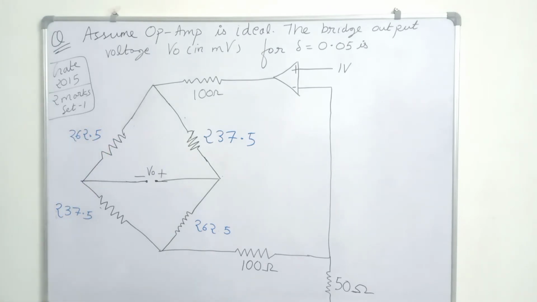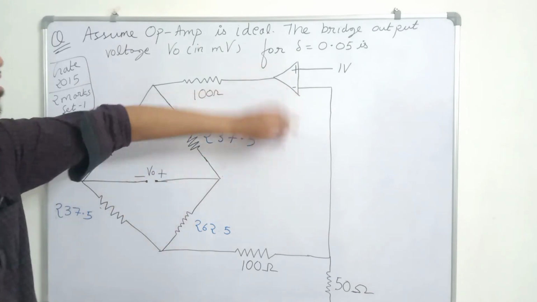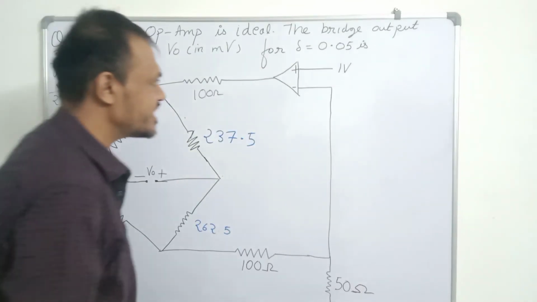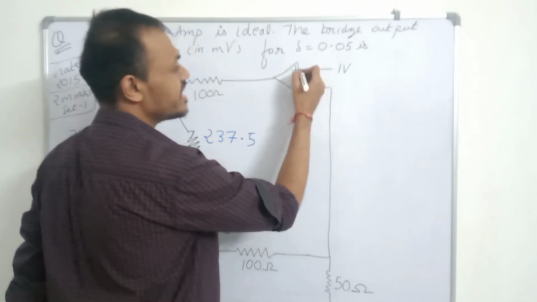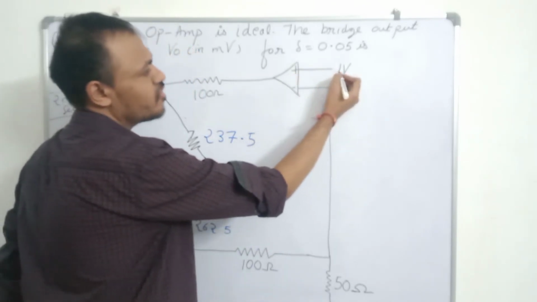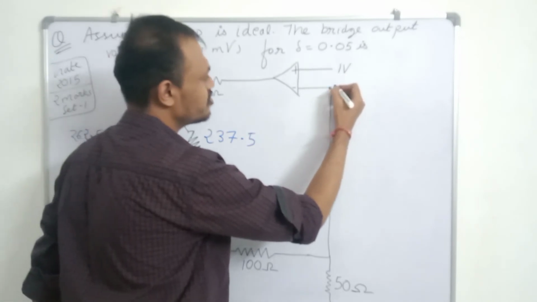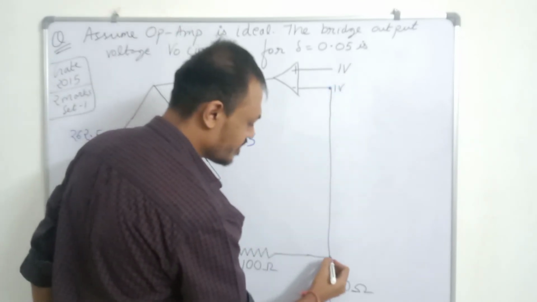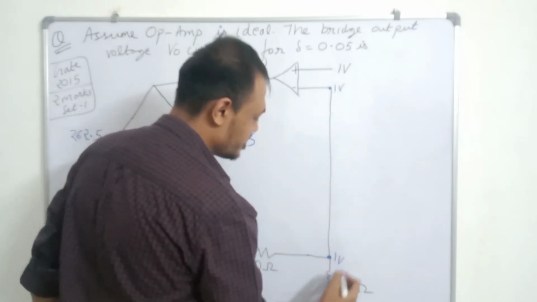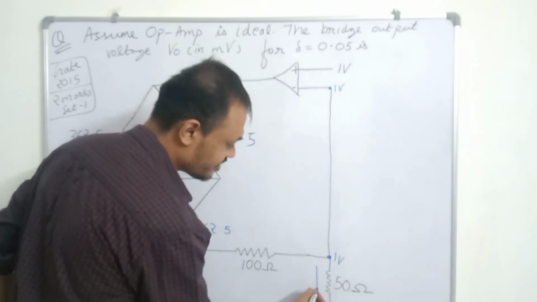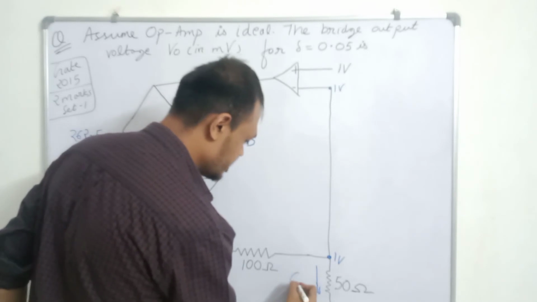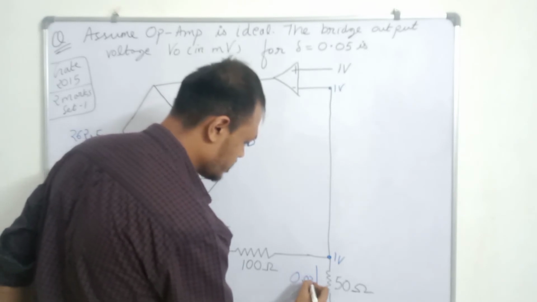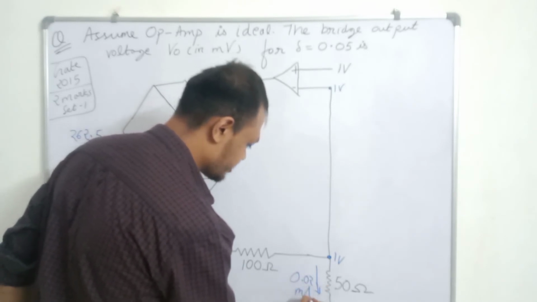Now this op-amp is ideal, so we can easily apply the virtual short circuit concept. The voltage at the non-inverting terminal is 1 volt, so this voltage will also be equal to 1 volt. So the current flowing through the 50 ohm resistor will be 1 volt upon 50 ohm, which is equal to 0.02 milliampere.